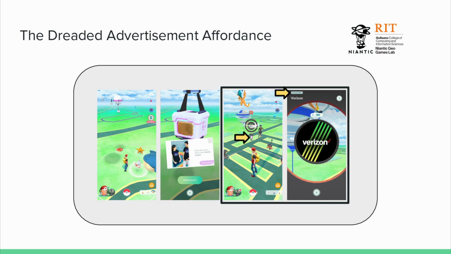And the second and more ubiquitous of the two adds an in-game location to the map, and in this particular case, it's this Pokestop, which is a point of interest, where it adds this thing to the game, and you'll notice there's a small purple indicator here that indicates it is a sponsored location from the overworld map.